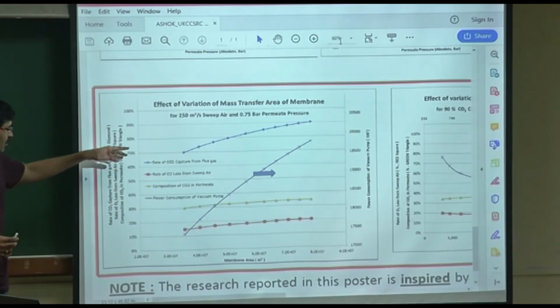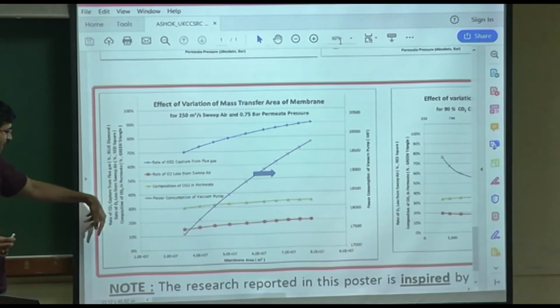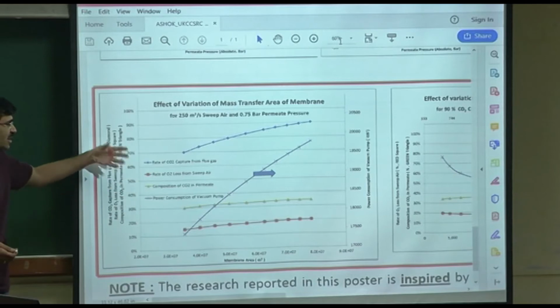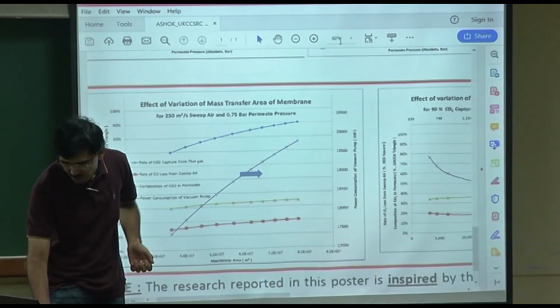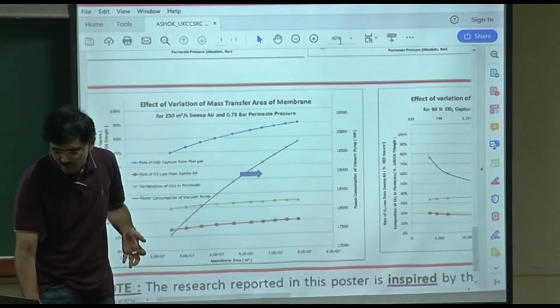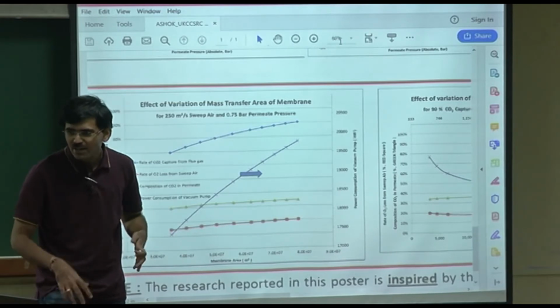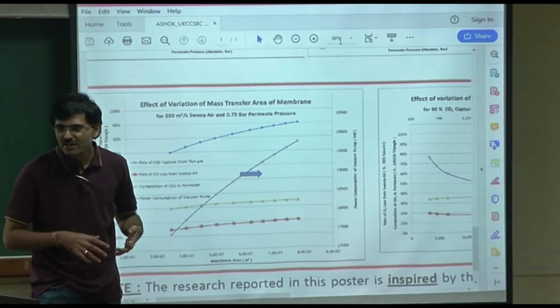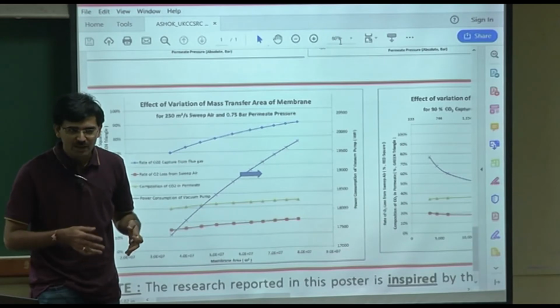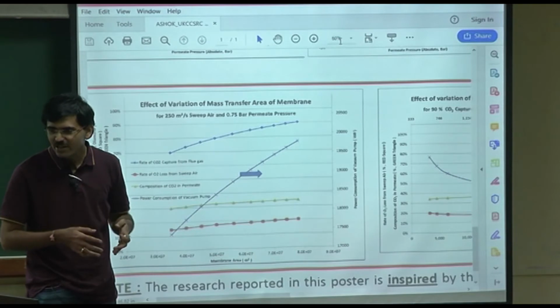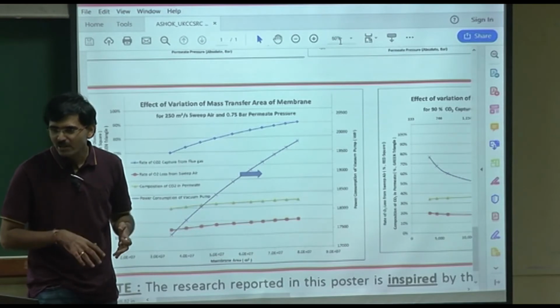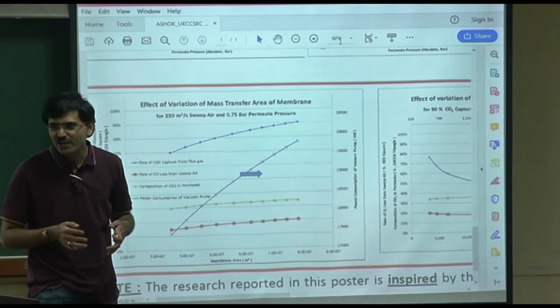All these three parameters have been plotted, depending on the membrane size, to show what sort of performance is anticipated. Obviously a certain amount of permeability has been assumed based on various literature data. So again, this whole thing depends on whether the selected kind of membrane is really available in the right configuration.